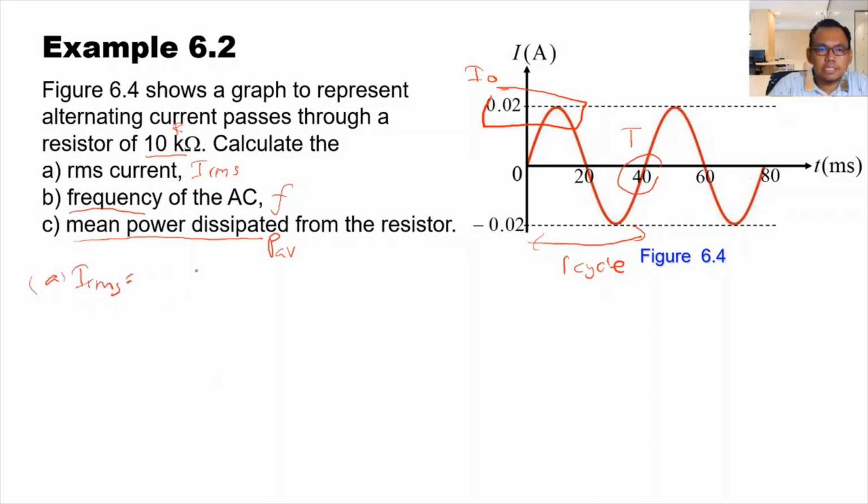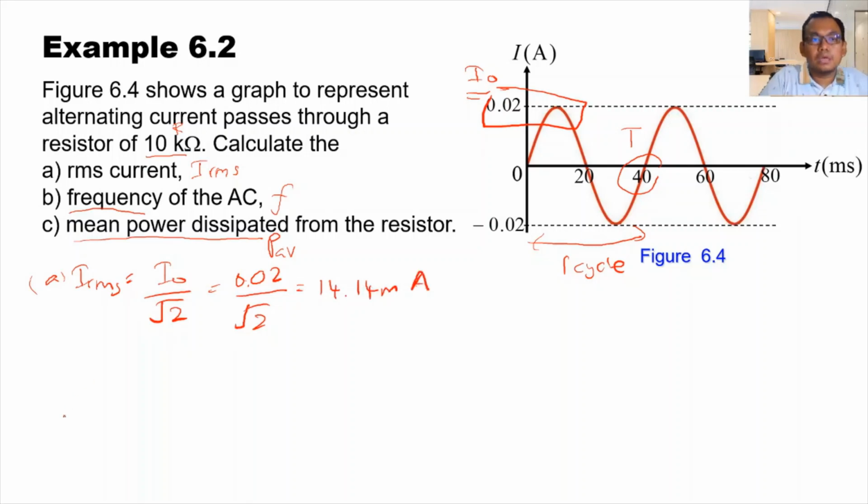RMS current is equal to peak current divided by the square root of 2. So we just substitute the value from this graph, 0.02. This is the peak value, and we get the answer 14.14 milliampere.